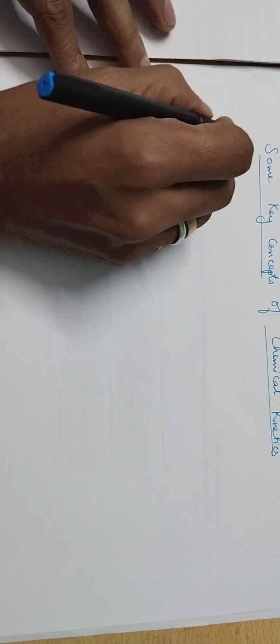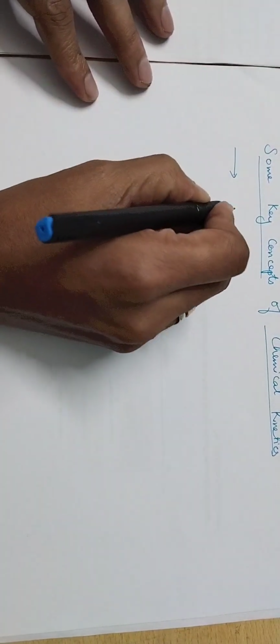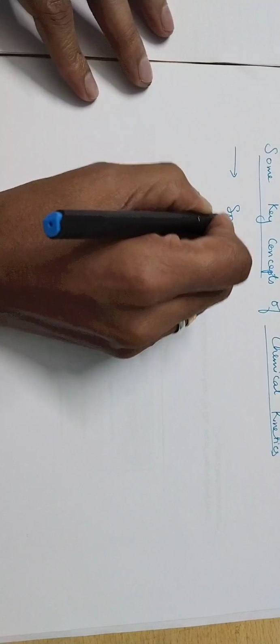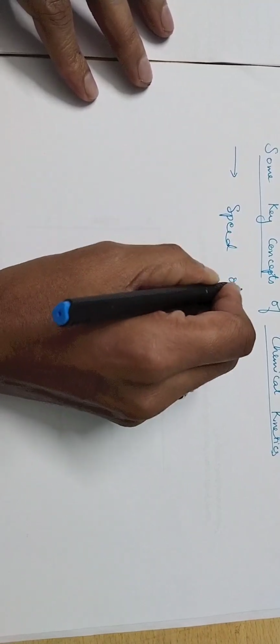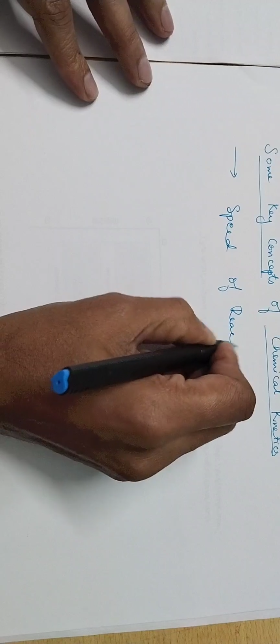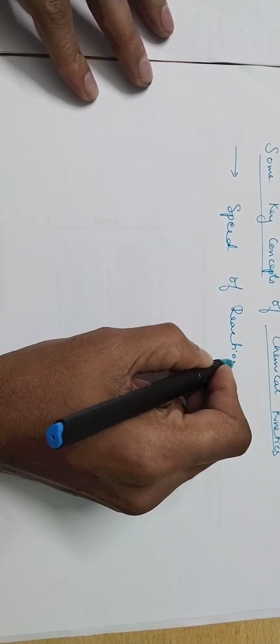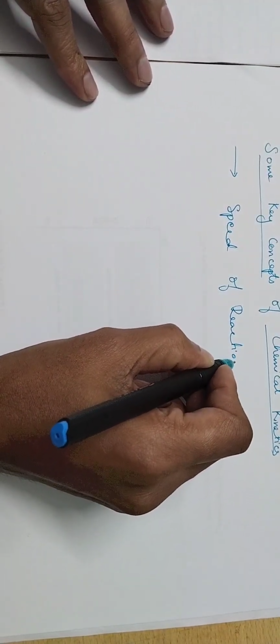So chemical kinetics deals with the speed of the reaction. Reactions can be slow, moderate or fast, but what speed is it happening at, and how do we find out?